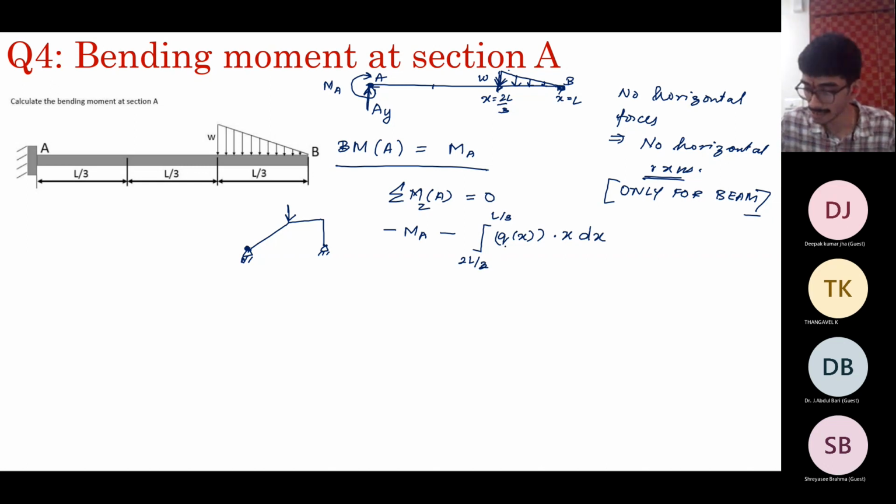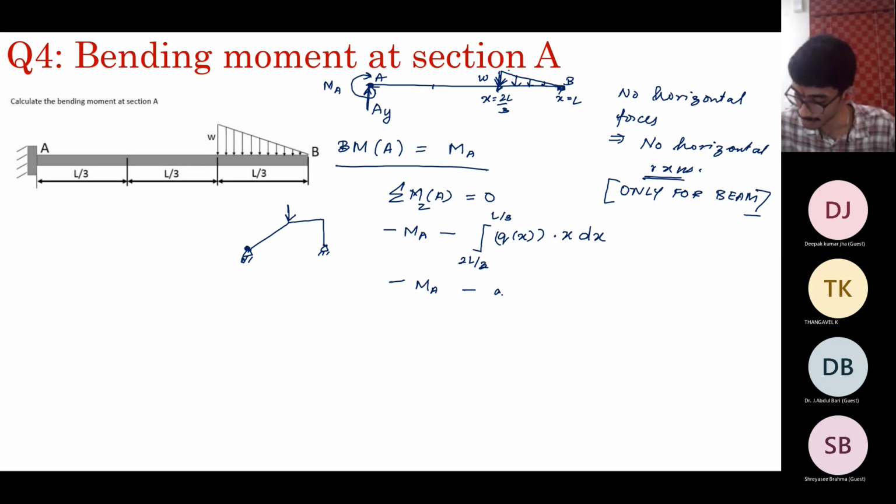So as I already said, this is nothing but the centroid of this triangle multiplied by the area of the triangle. So this is equal to minus MA minus, the Q of x is linear. So this is a triangle.